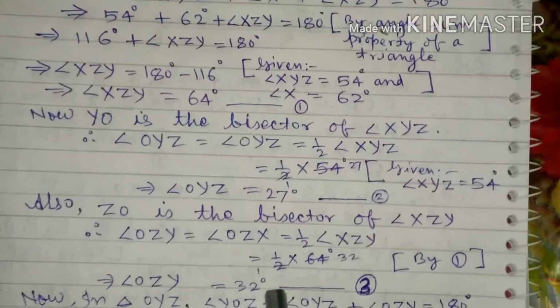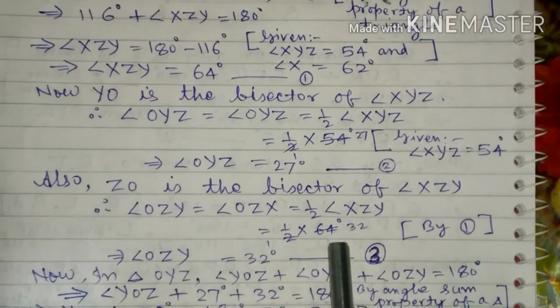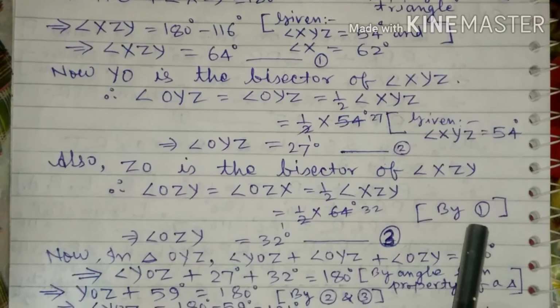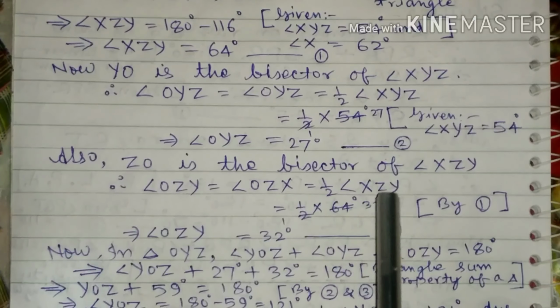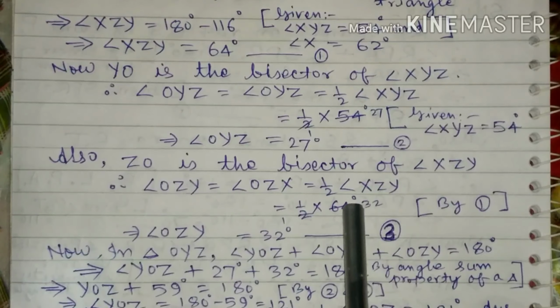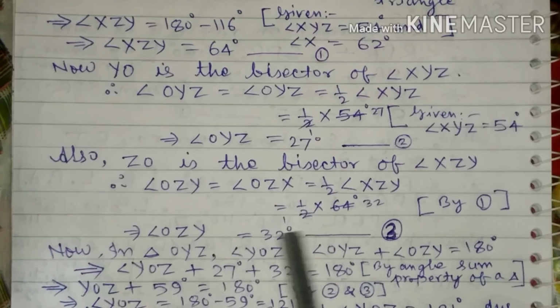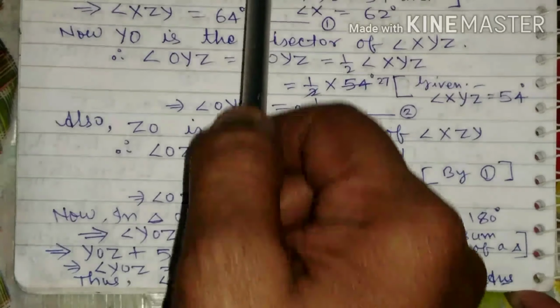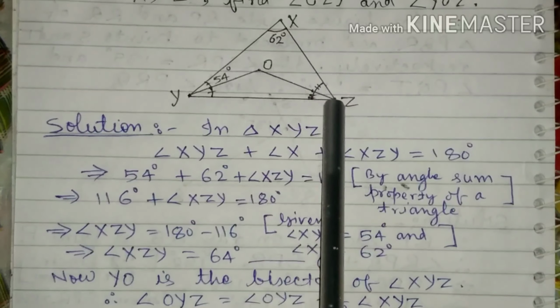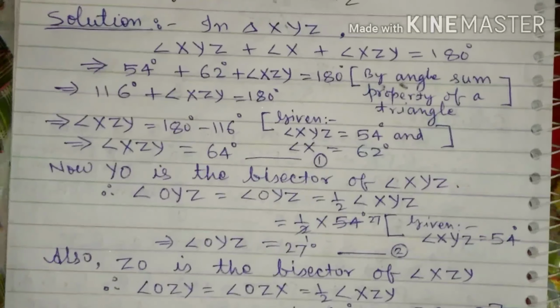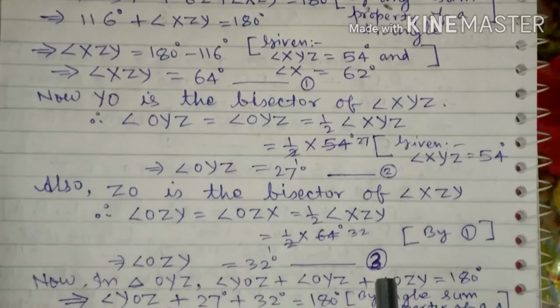So we put 1 by 2 into 64 degrees. 2 32s are 64 degrees. Therefore, this angle OZY is equal to 32 degrees. This is equation number 3.